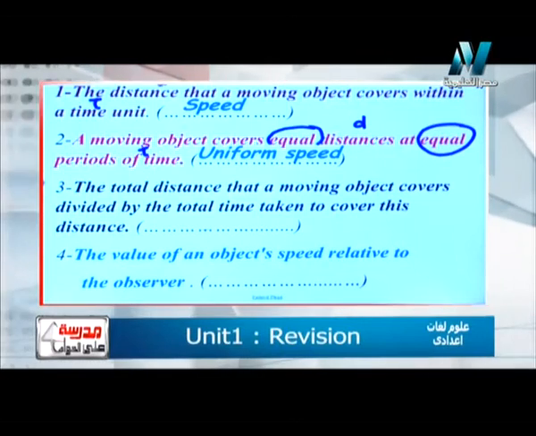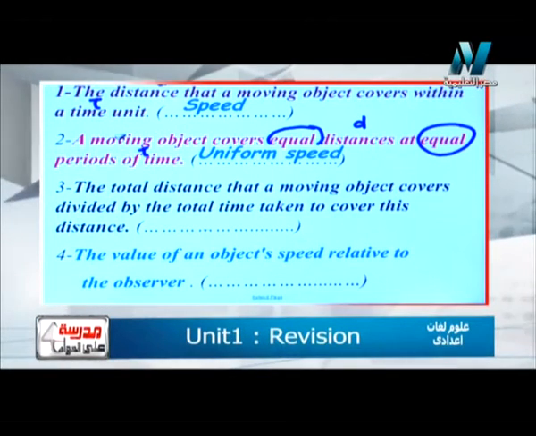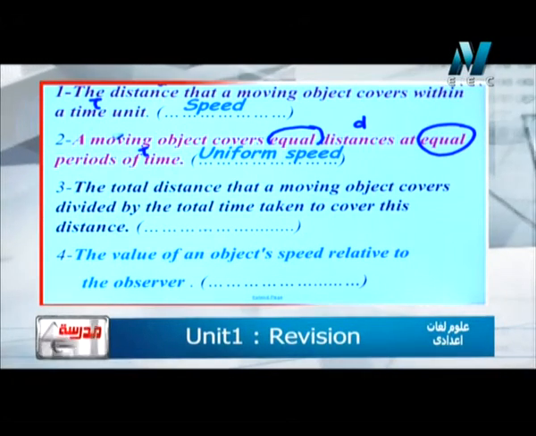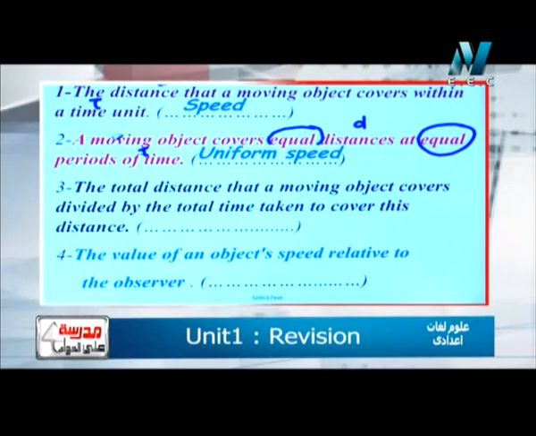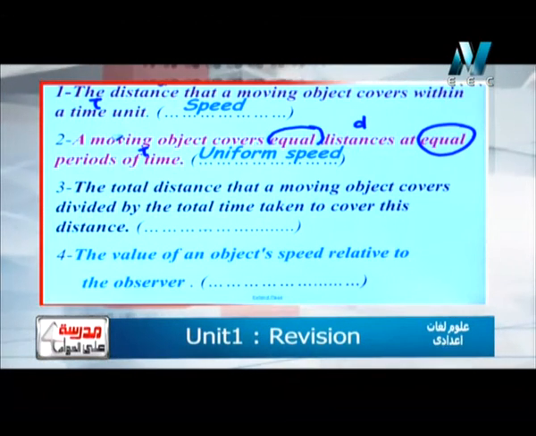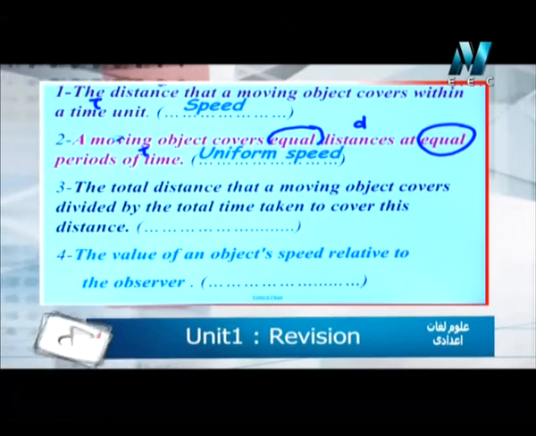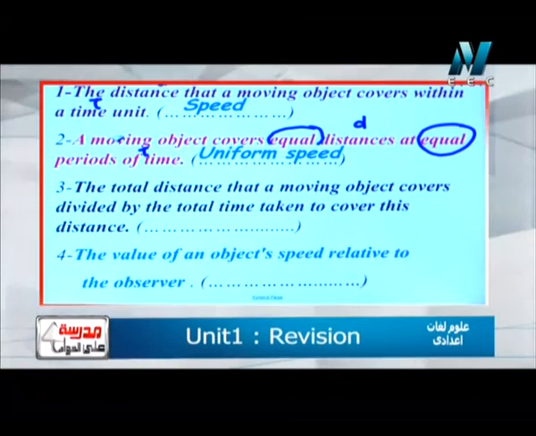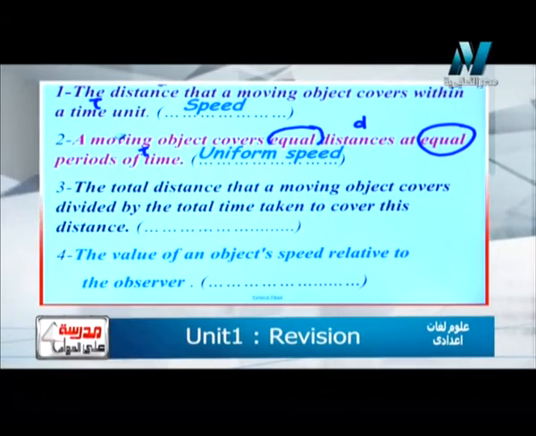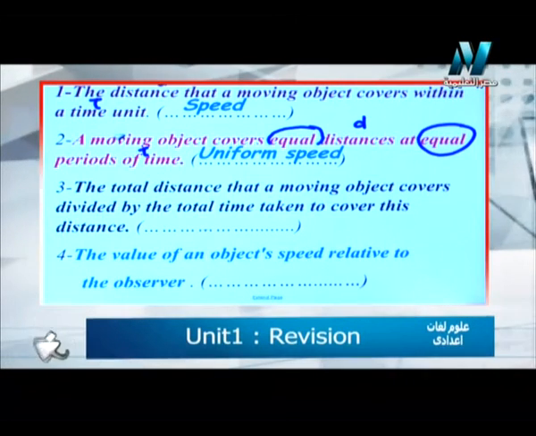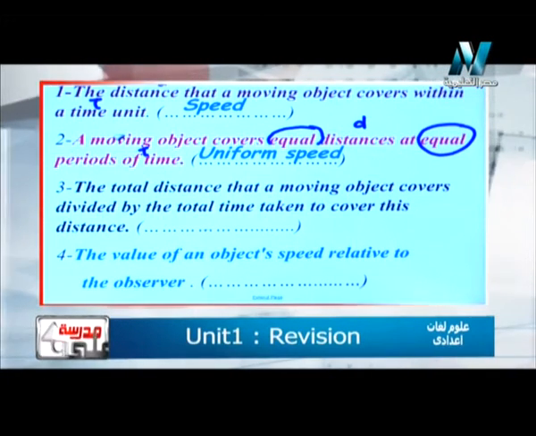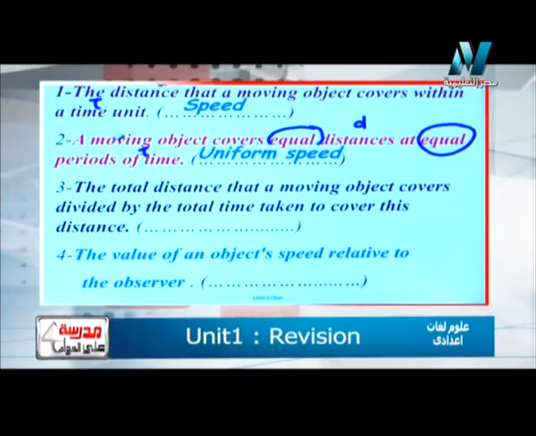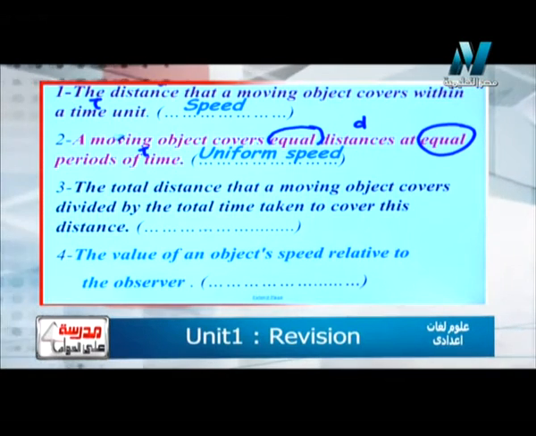equal periods of time. Question 3 says the total distance that a moving object covers divided by the total time taken to cover this distance, as we completed in the previous page. The total distance that a moving object covers divided by the total time taken to cover this distance.